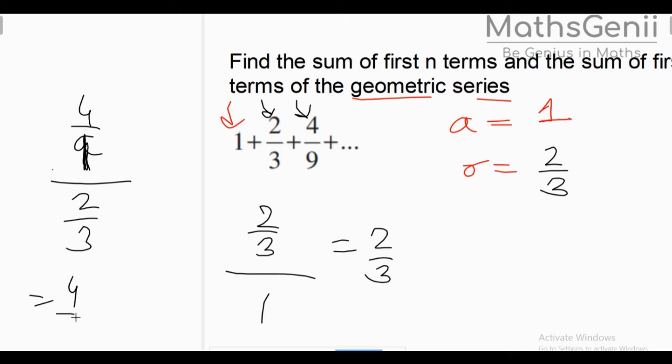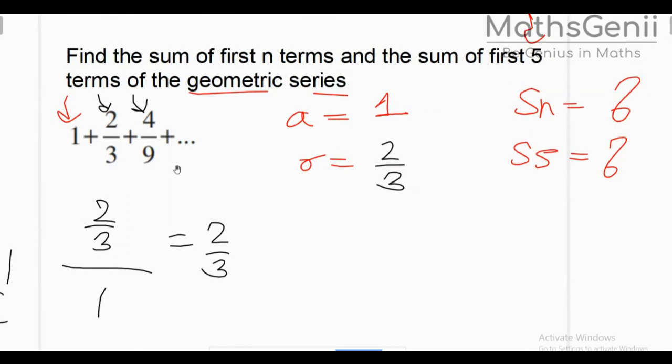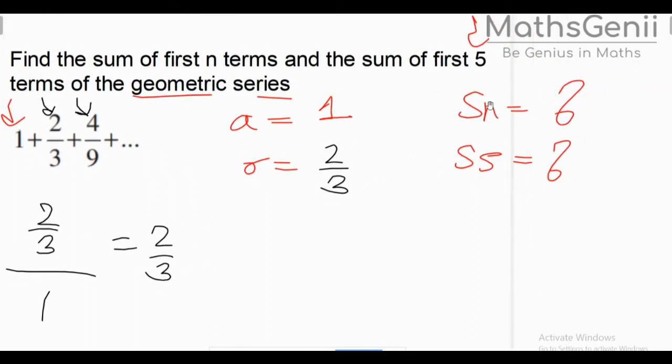So this is nothing but 4 upon 9. Division sign becomes multiplication. So 2 ones are 2 and 3 threes are 9. So you have 2 upon 3 as the common ratio. Okay. I've already gotten it from the first term itself. So 2 upon 3 is common.